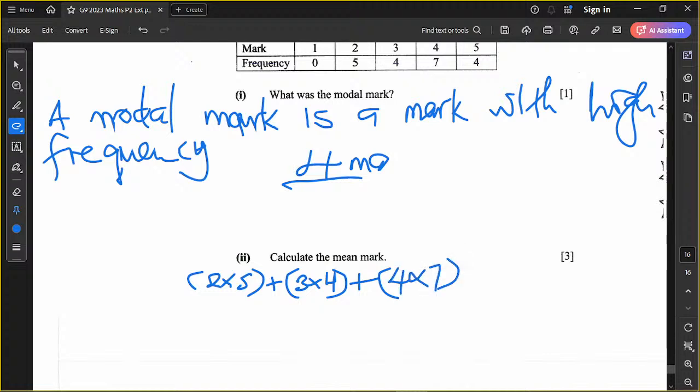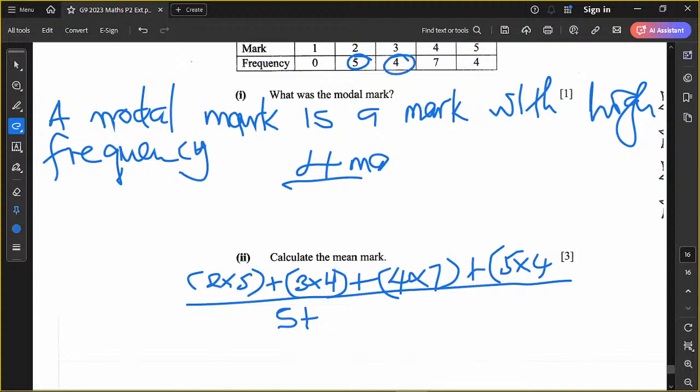Then children who got 5 marks were 4, so we say plus 5 times 4. Then we say all of that divided by the number of pupils who wrote the exam. So we say I've got the number of pupils who have 5, plus this number 4, plus this number 7, plus this number 4. I hope you are following me.